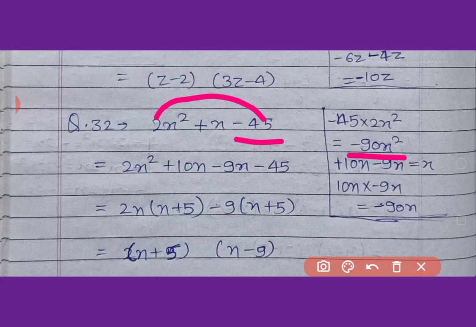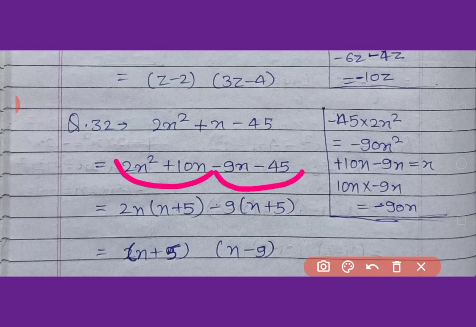So I have taken 10x minus 9x, whose subtraction will come x and whose multiplication will come minus 90x square. So x is broken in the form of 10x minus 9x. So it has divided into two groups, 2x square plus 10x, and in the second group minus 9x minus 45.